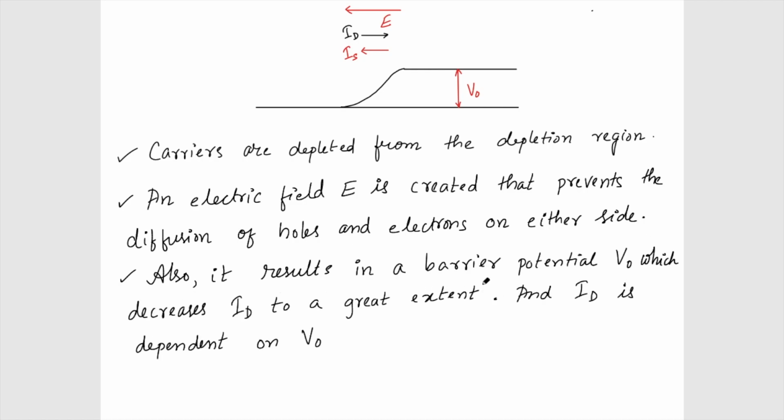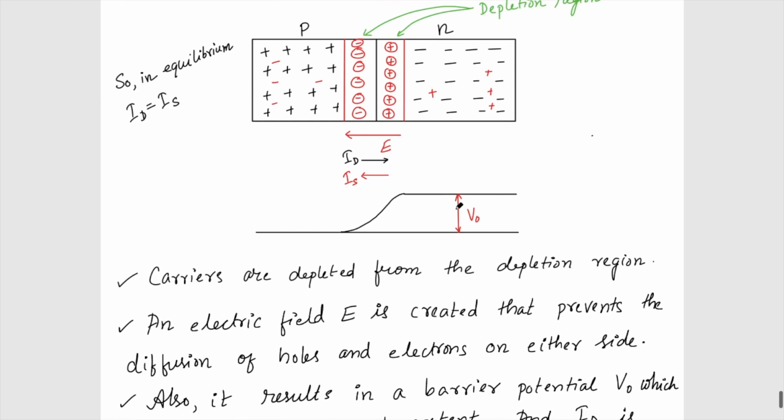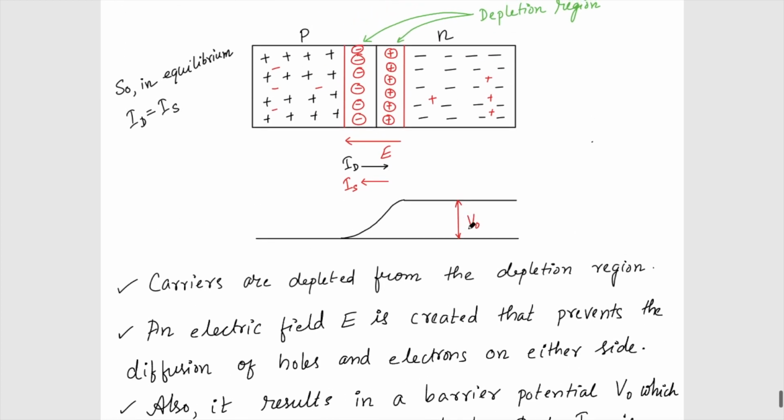Also, it results in a barrier potential V0, which decreases ID to a great extent, but it doesn't make it zero, of course. And ID is very much dependent on V0. So the higher the value of V0, the smaller is the value of ID. Okay.